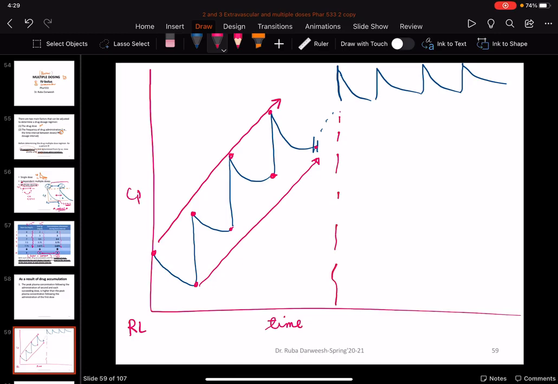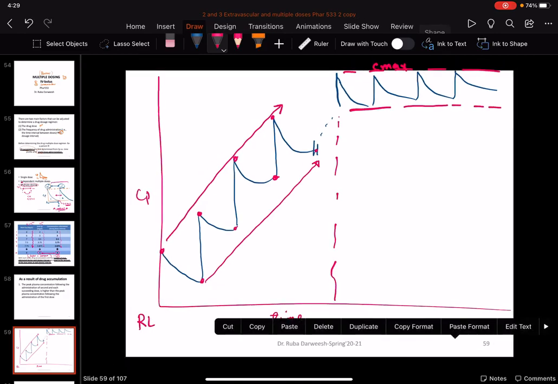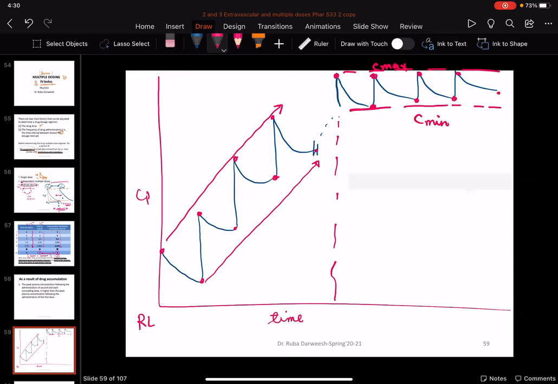Okay, and at steady state, we know that the Cmax of the doses is equal for each and every dose, and the C minimum is also the same for all the doses at steady state.